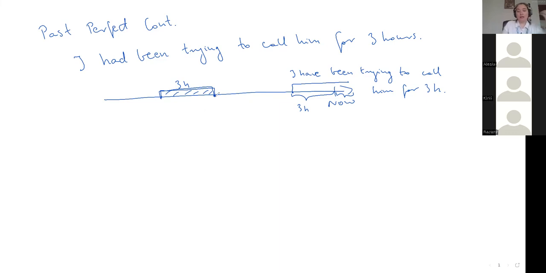Why would we use I had been trying to call him for 3 hours? Because, again, we would continue right here. For example, we would say, I was very tired because I had been trying to call him for 3 hours, or I was already panicking because I had been trying to call him for 3 hours. And we emphasize that it was long, it was a permanent process.